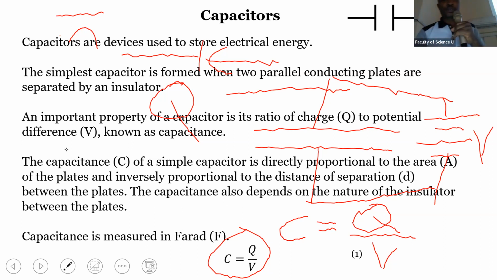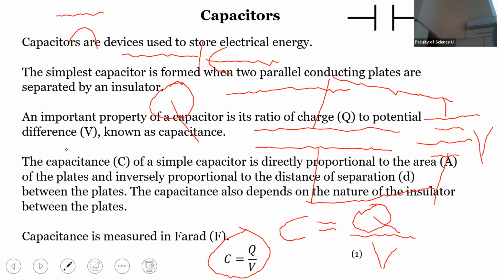So let's go back to the basics, which is the parallel plate capacitor. It will store a charge Q if a certain potential difference V is set across it. What that means is that if you increase the potential difference across the plates, the charge Q that will be stored will be increased.